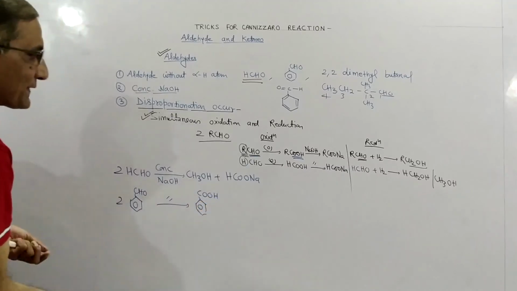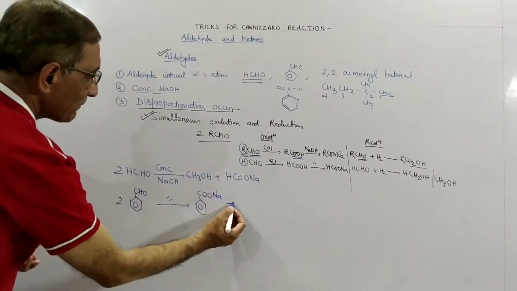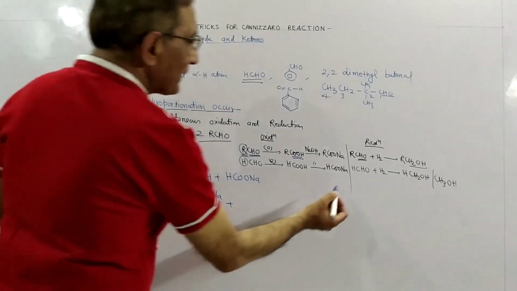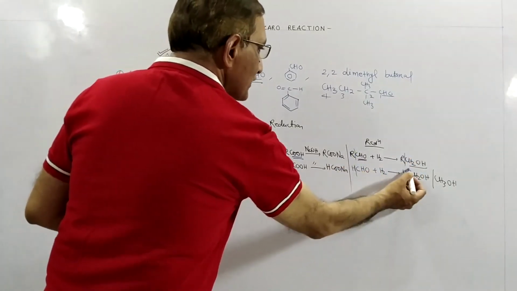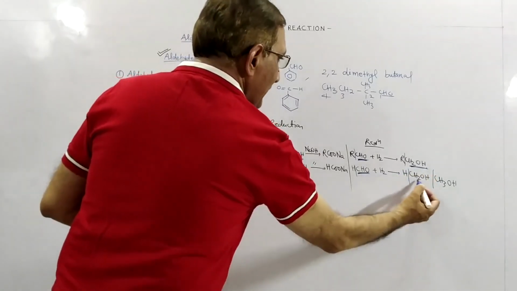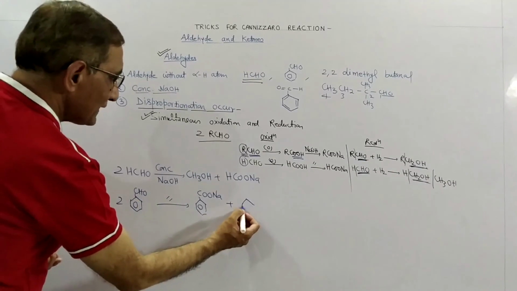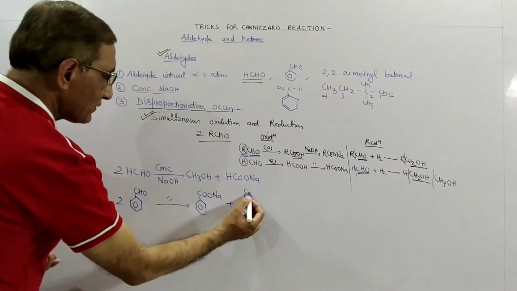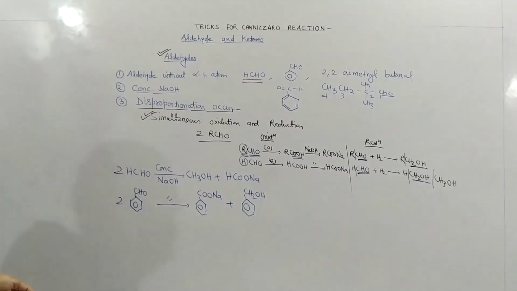And since we have concentrated alkali, you will get Na here. And in the case of reduction, here we have R, no change, and here we have H, no change. This CHO converts into CH2OH. Like this you can write. This compound is benzyl alcohol. This compound is sodium benzoate.